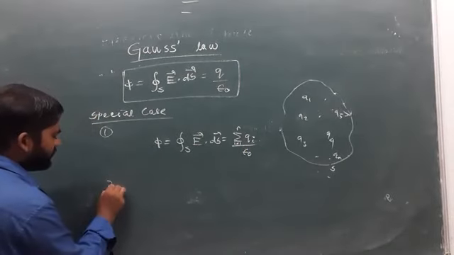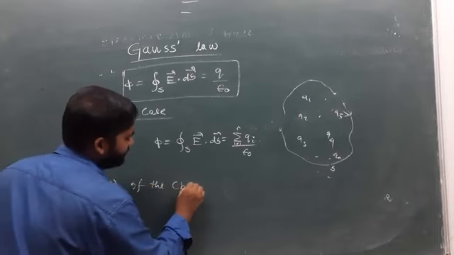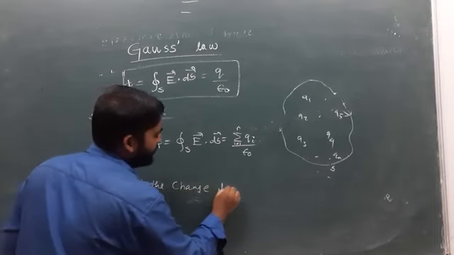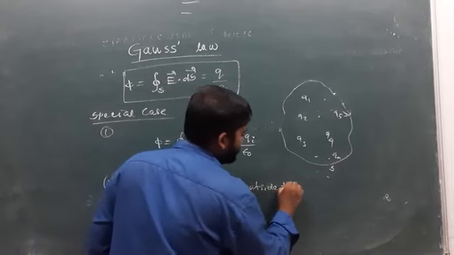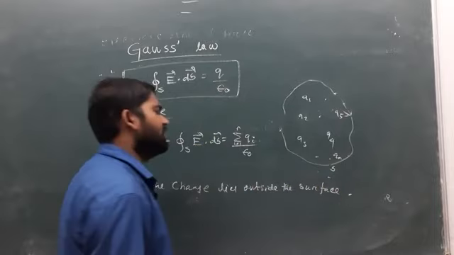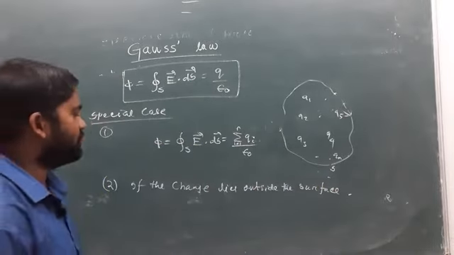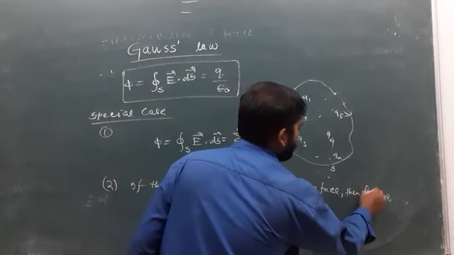The second case: if the charge lies outside the surface, then the flux must be 0.